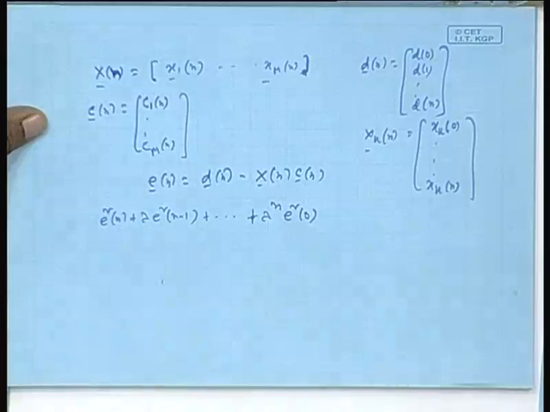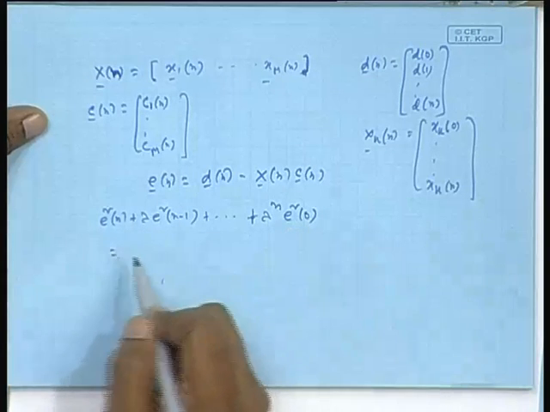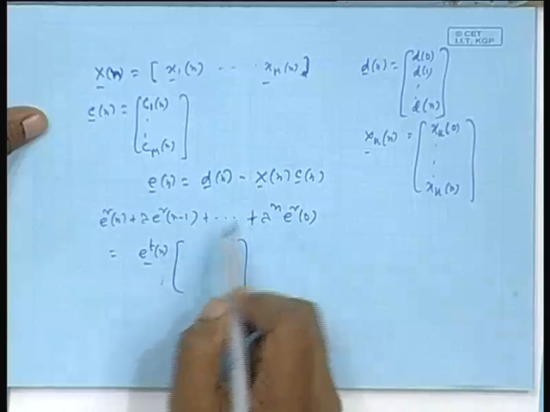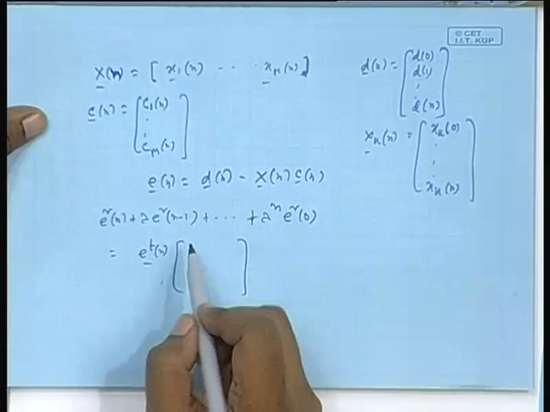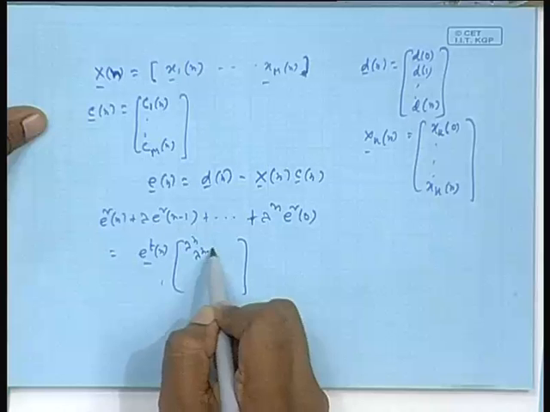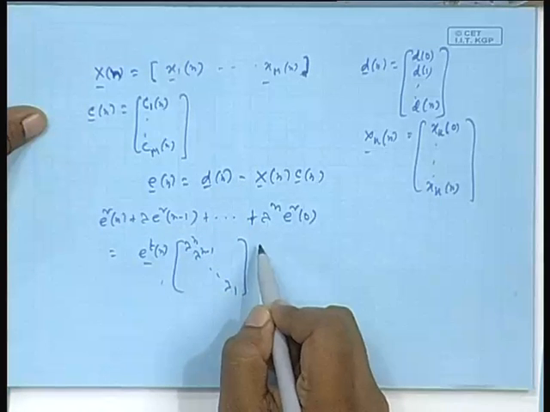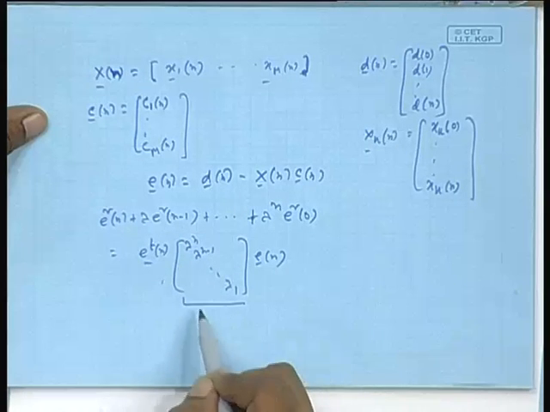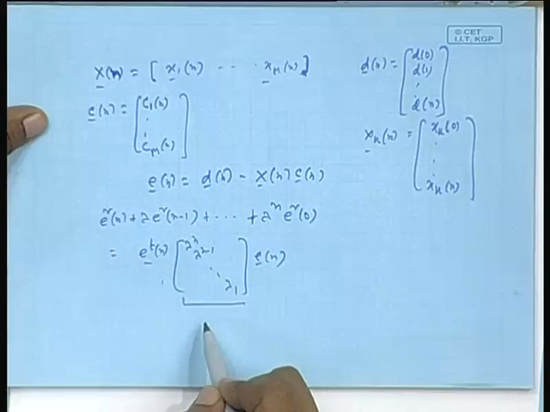Yes, this is the norm, and this we can write as E transpose n. This we have done in the lattice case, so you should not get confused. That time I gave a name to this matrix. What was the name I gave?